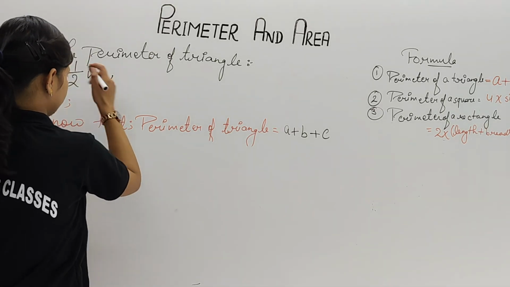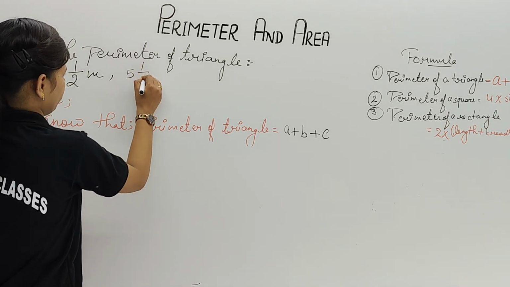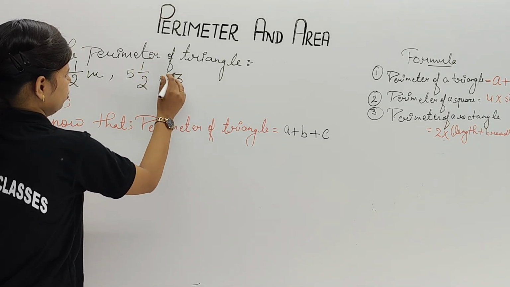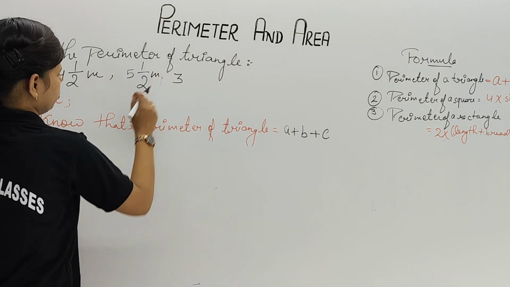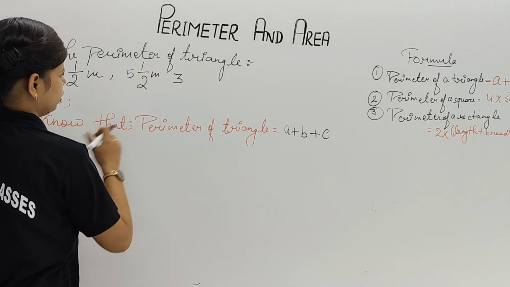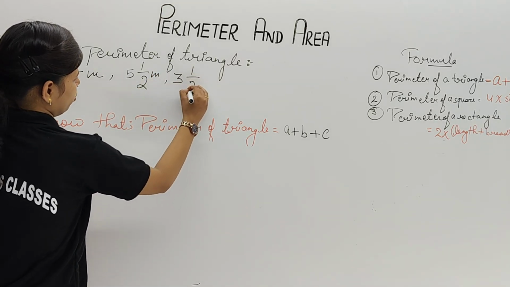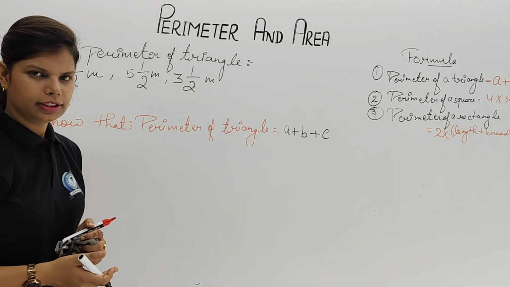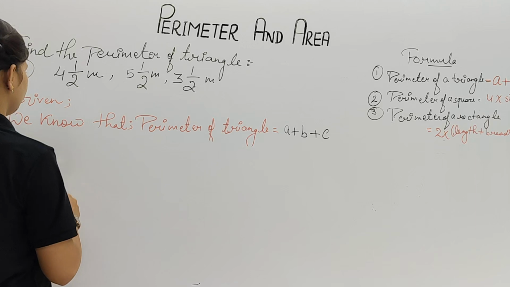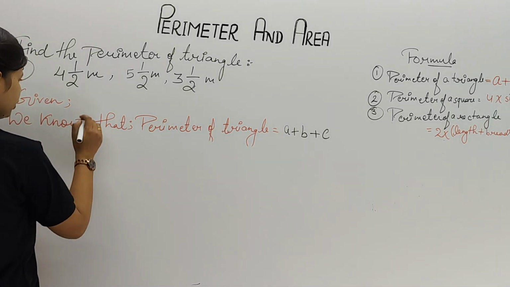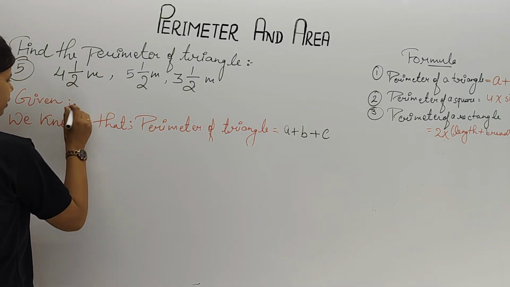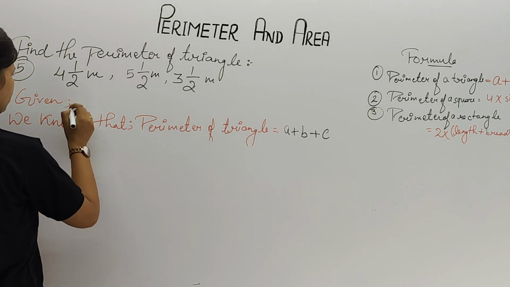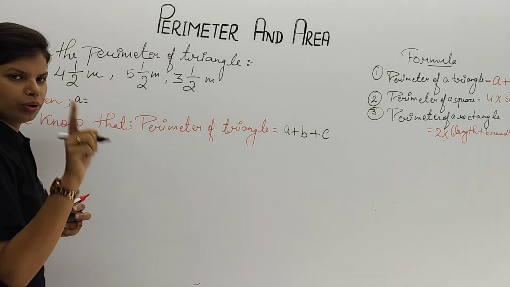Second is your 5 whole 1 upon 2 meter. Understood, no? And next will be your 3 whole 1 upon 2 meter. Clear? Now what is given for you? Directly I can reduce into the lowest term, like given a equal to reduce into improper fraction.